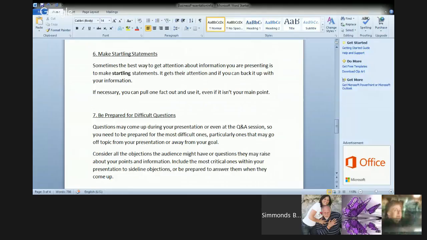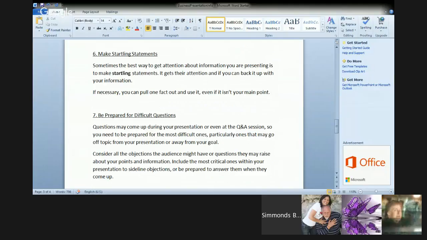Sometimes the best way to get attention about information you are presenting is to make startling statements. It gets their attention, and if you can back it up with your information, if necessary, you can pull one fact out and use it, even if it isn't your main point.